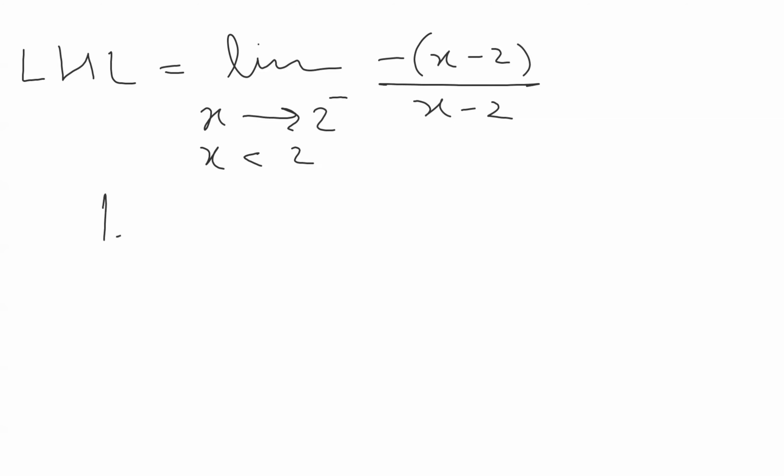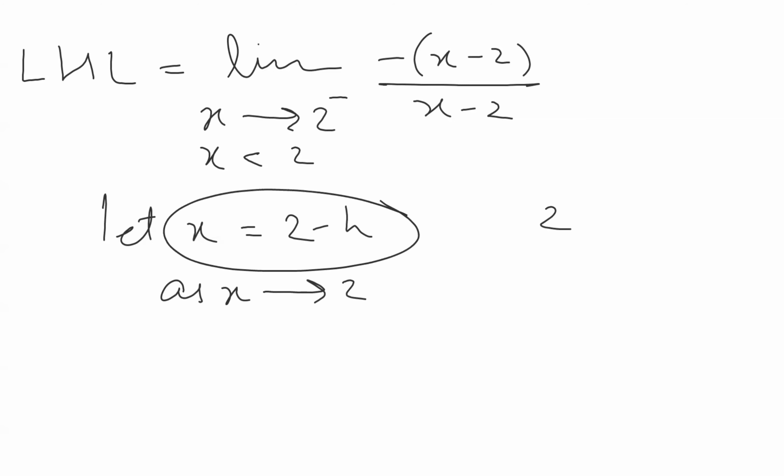So let x be equal to 2 minus h. Whenever it is a left hand side limit, put minus h at the critical point. As x approaches 2, 2 and 2 will get cancelled, and h will approach 0.